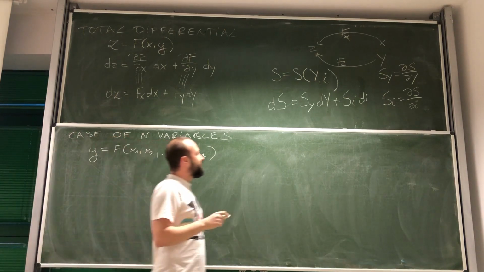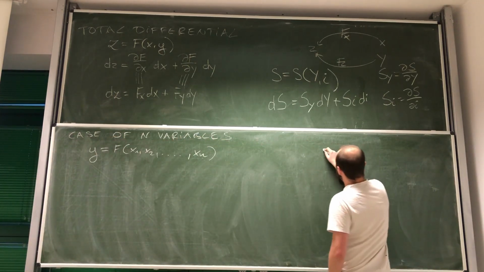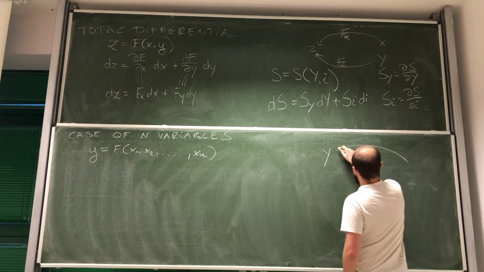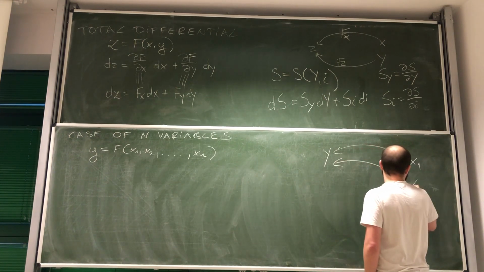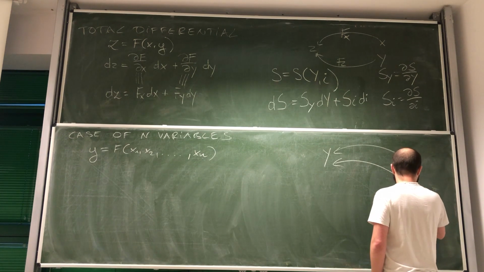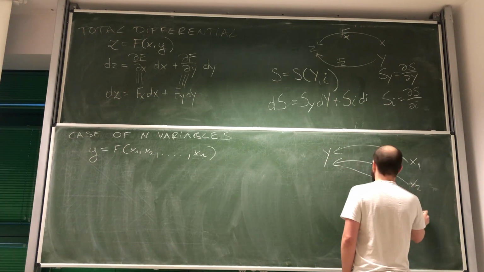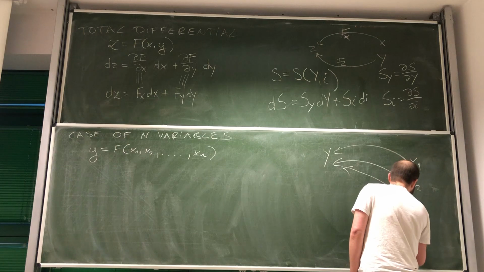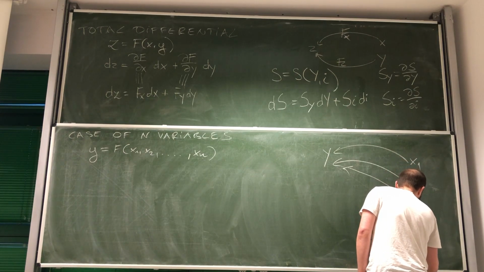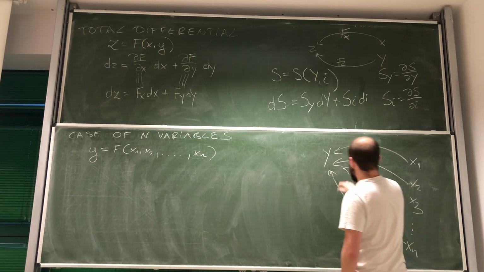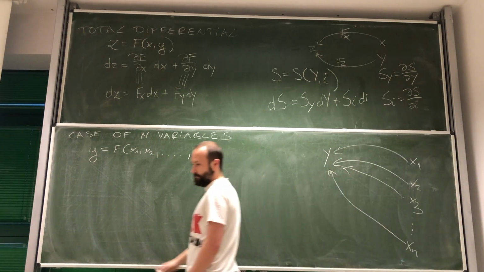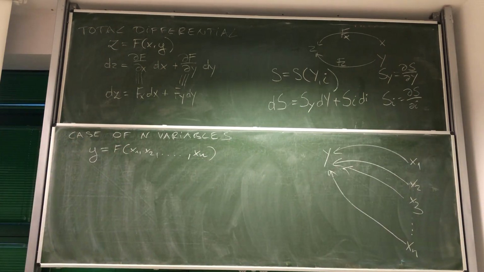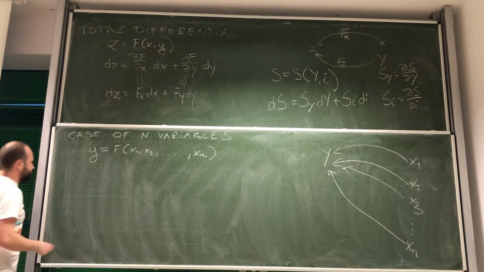Now, you see, in this case, we have that y is influenced by variable x1, by variable x2, by variable x3, and so on until variable xn. So look, this time, we've got n different sources of change.